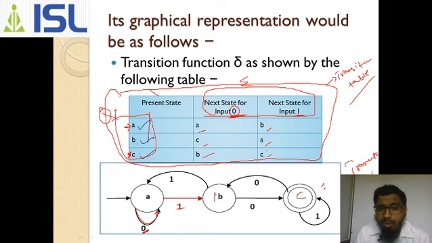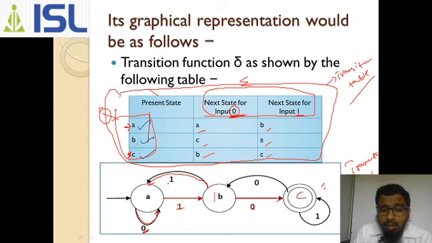Now the next one is B. B is going to C when it is 0. B is going to A when the input is 1.